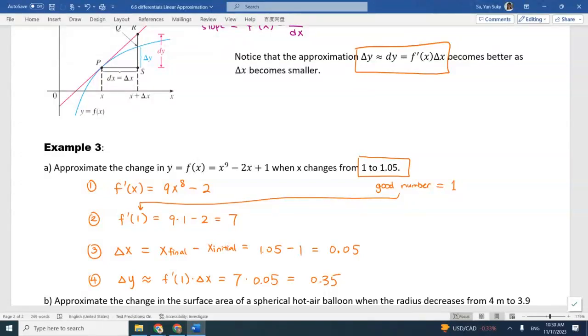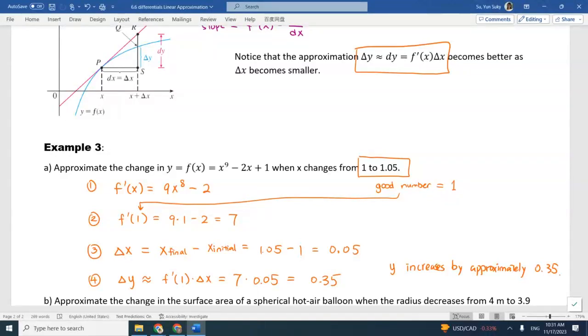By the way, do you see the x increase? So the change of x is positive because it increased. And your change of y is positive, so it increased. Right, everybody? If sometimes your change of y is negative, it means your y decreased. So here we can answer y increases by approximately 0.35. So that's the conclusion.